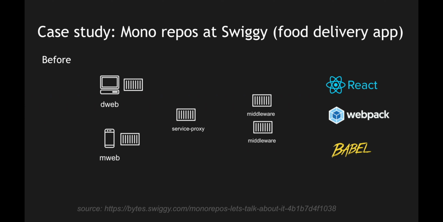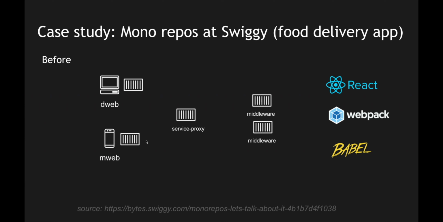Now as the code base grew, Swiggy recognized that there are some patterns in which they were reusing code between the mobile web application and the desktop web application, and there was reusable code which was copy pasted, and then if there is a bug fix, they had to do the same fix both in dweb and also the mobile web.